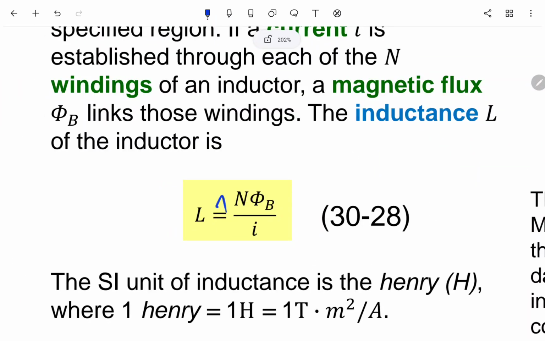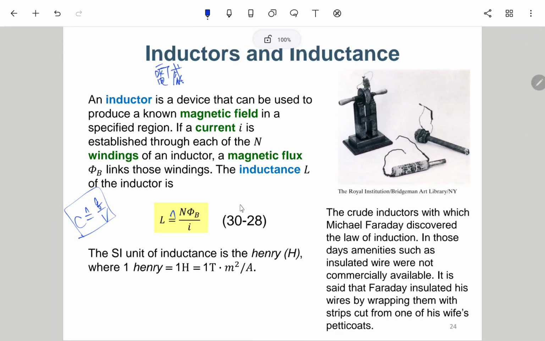Just as for the capacitor, the definition is C equals Q over V. This is the definition for the capacitor, and this is the definition for the inductor. The capital N refers to the total number of turns, N windings.